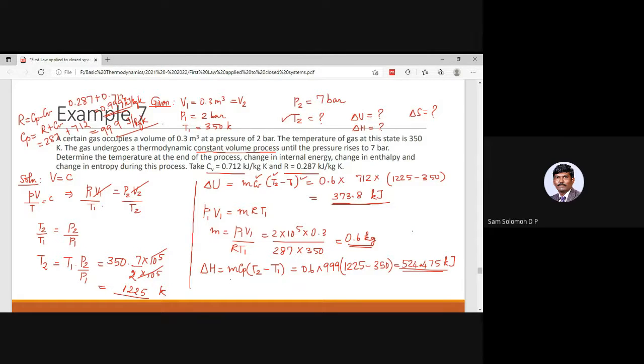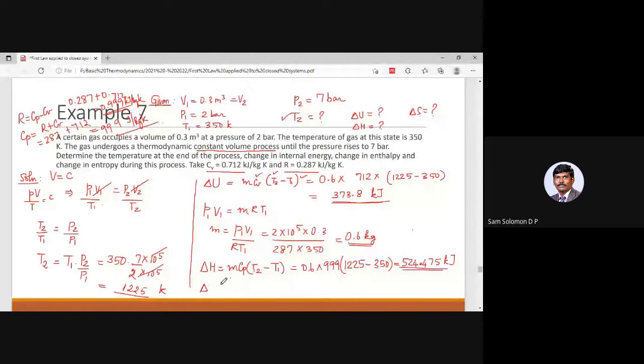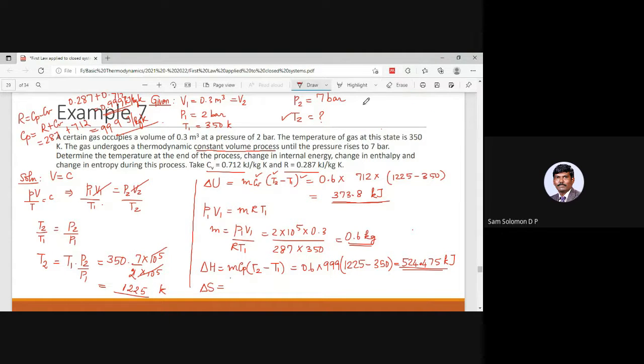And the last part is delta S. So this is the constant volume process. If you have forgotten, I'll just erase this part so that we can use this space to derive this. So delta S is the integral of dq by T, and remember dq is m Cv dT.